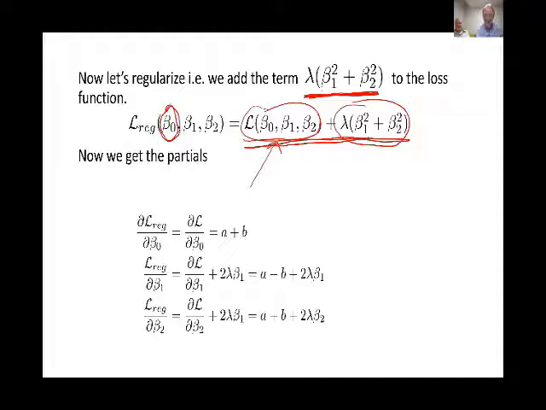So I have a question. In the regularization term, why is beta naught not there? Why is it a function of only beta 1 and beta 2? You can do it, but it's common not to regularize over beta 0.